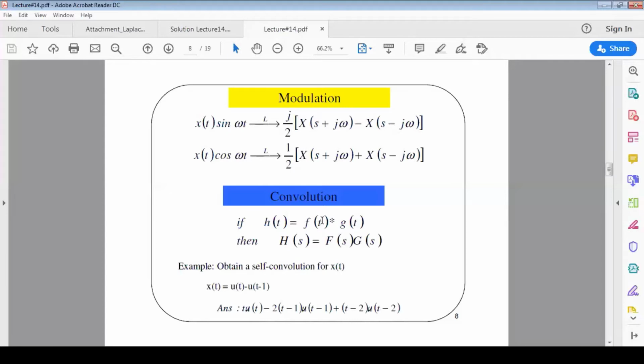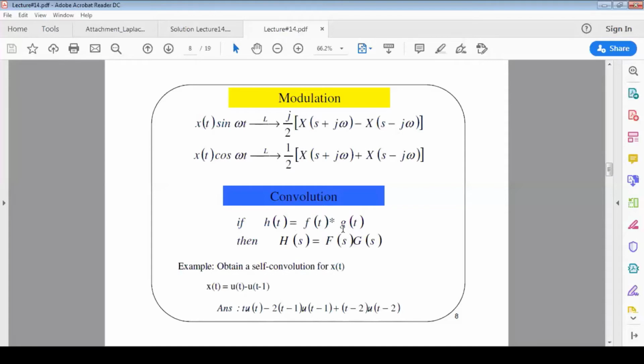So f(t) is transformed to F(s), and g(t) is transformed to G(s). In frequency domain, it is simply F(s) multiplied with G(s). So we have this convolution property.